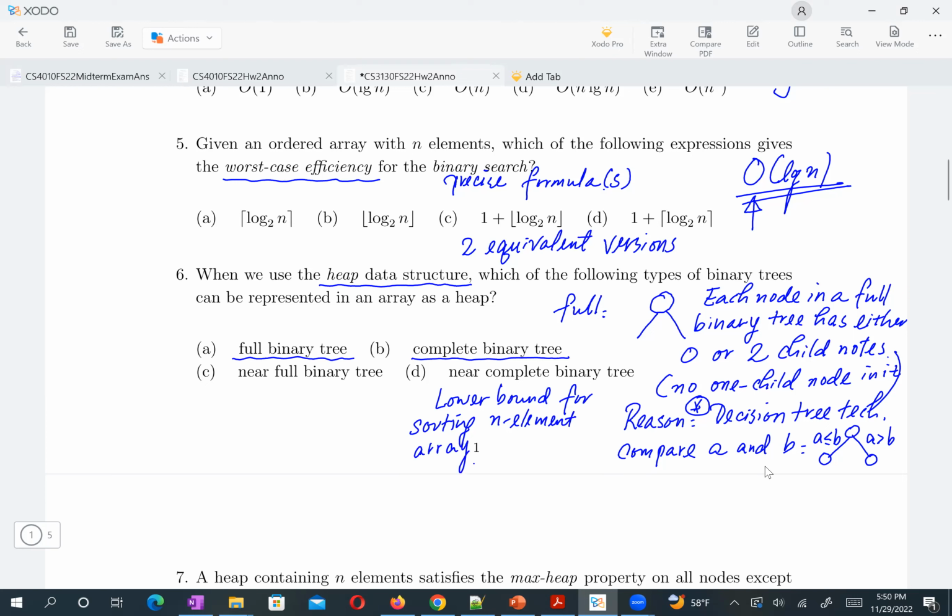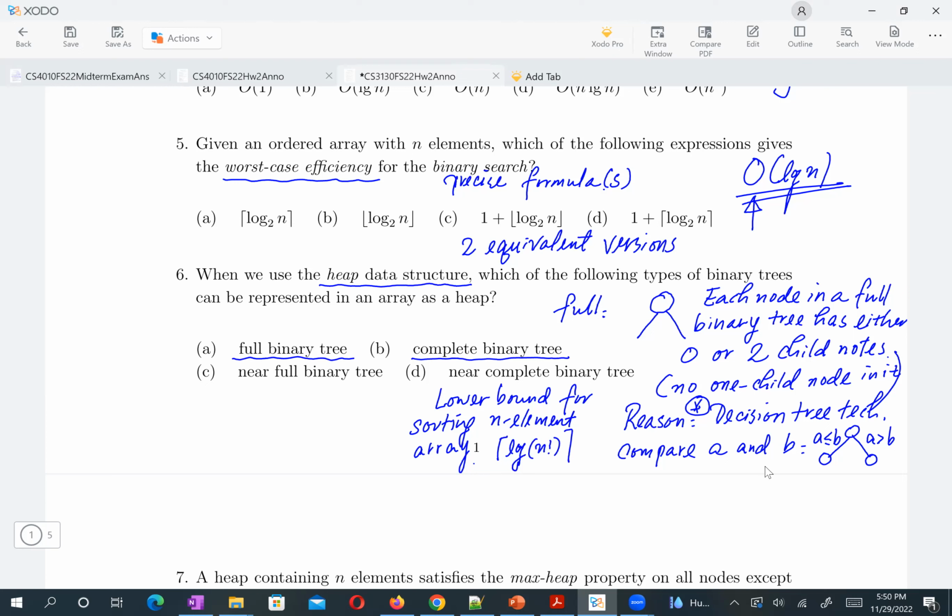Lower bound, okay? For an n element array, the lower bound is the ceiling function of log n factorial. This lower bound, okay?